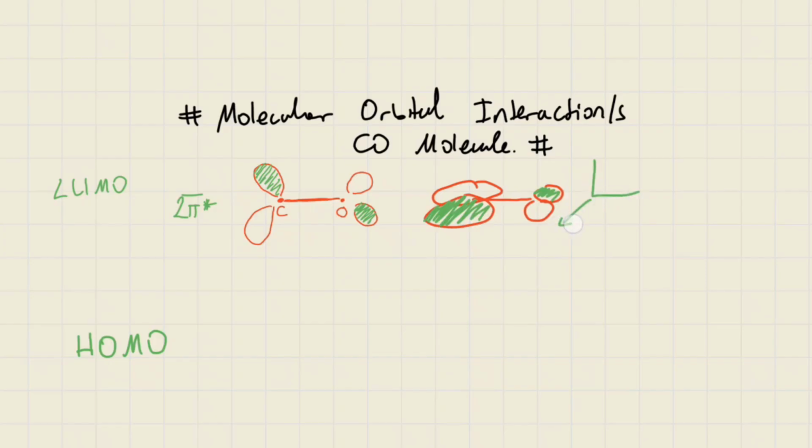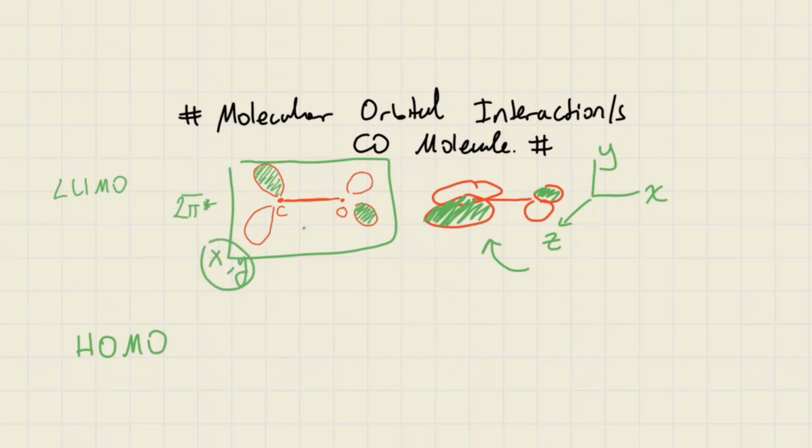So for instance, if this is the Z direction, and this is the X direction, and this is the Y direction for this one, this is on the XY plane.